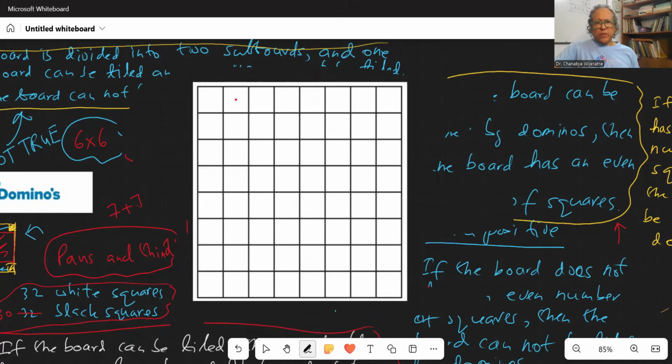I'm going to start from this square, and then I'm going to move like this, walk like this.